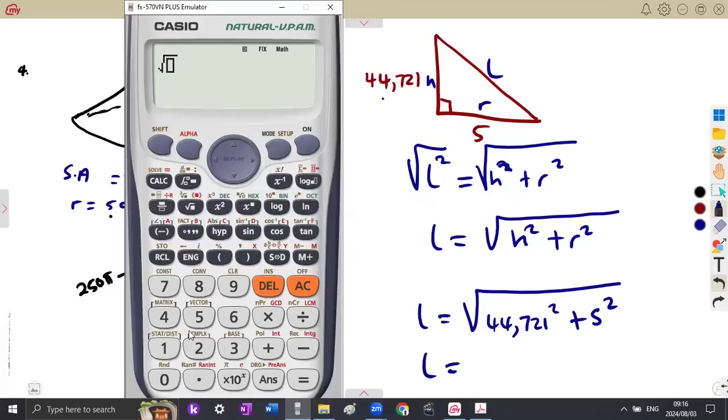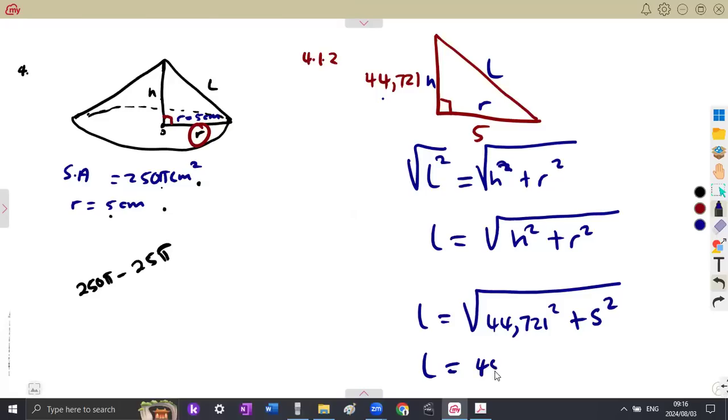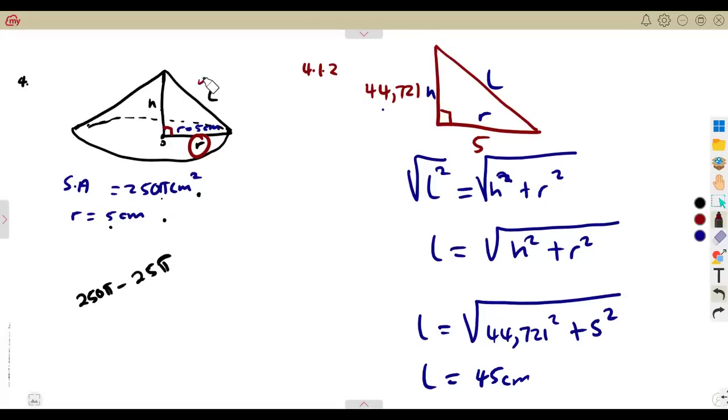So this is the square root of 44.721 squared plus 5 squared. So that's 45.00 and so on. So that was simply going to be 45, and centimeters. So we have got the slant height in this case. The slant height is 45.00 and so on.